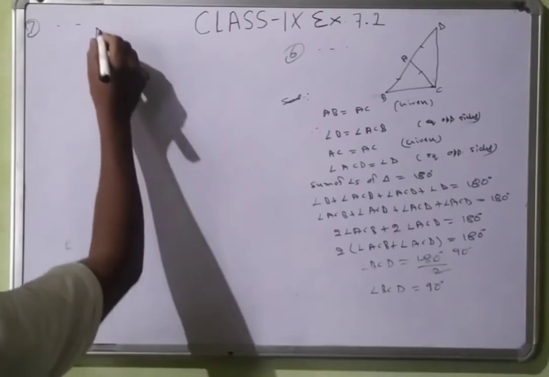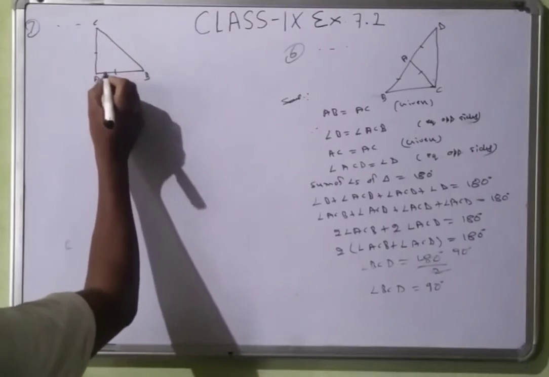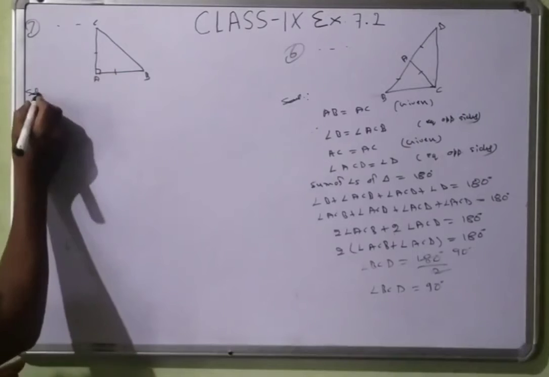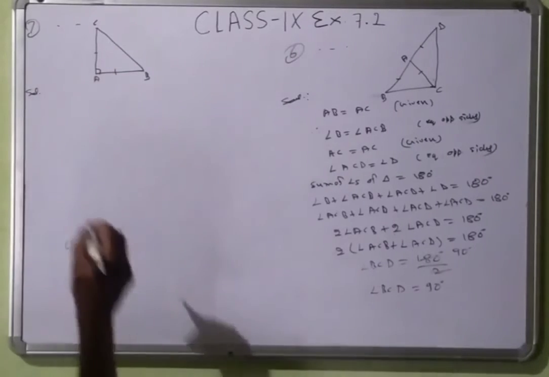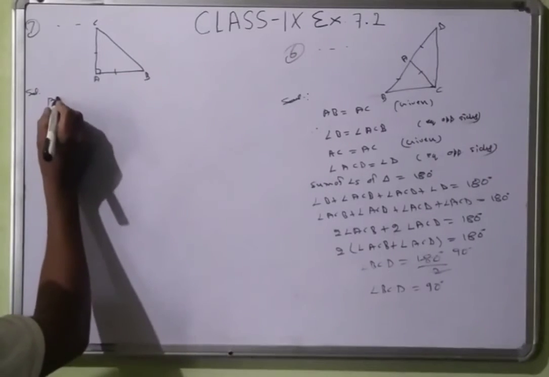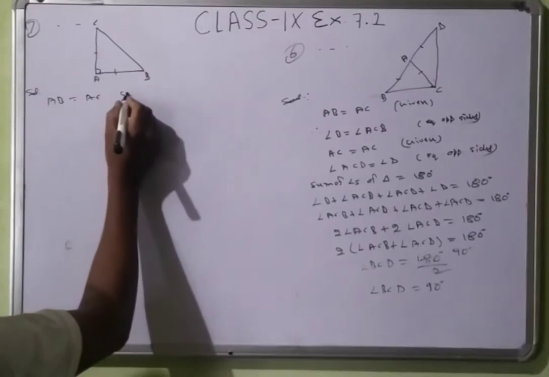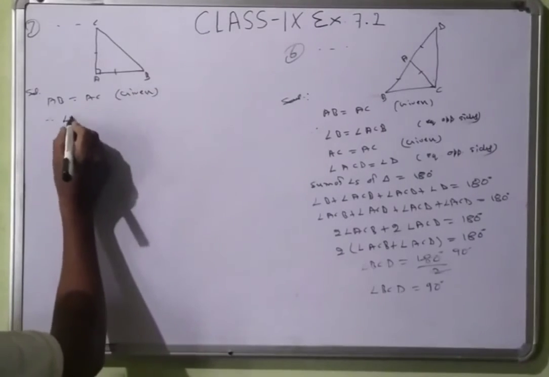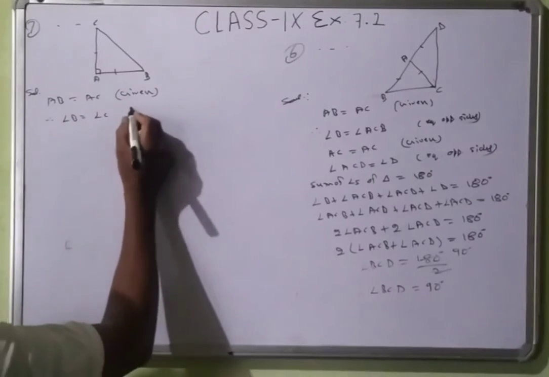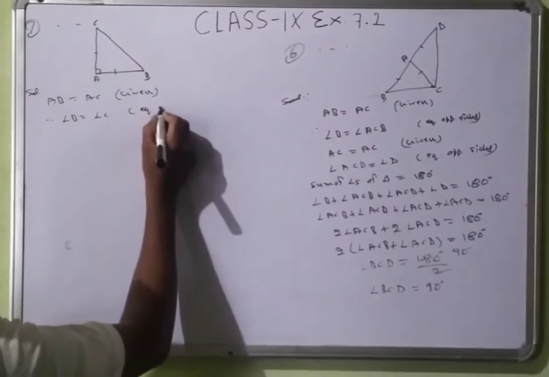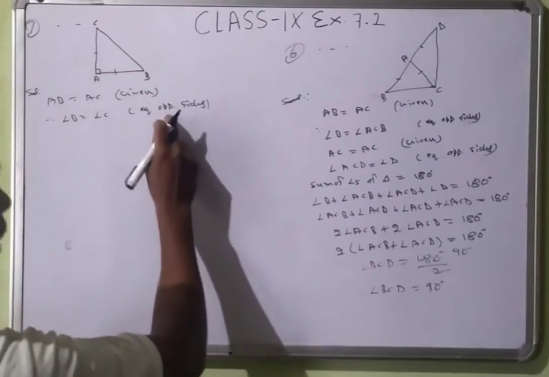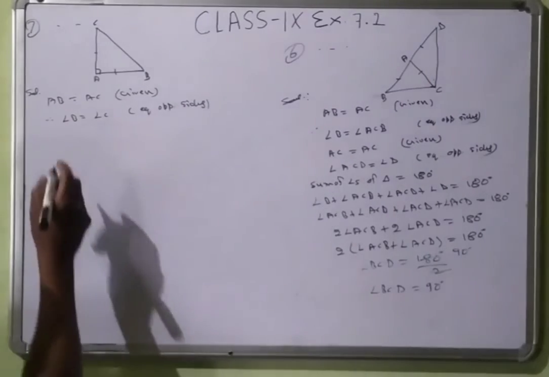A, B, C. This is given equal and this is the 90 degrees. So AB is equal to AC, that's given. So angle B is equal to angle C by equal opposite sides.